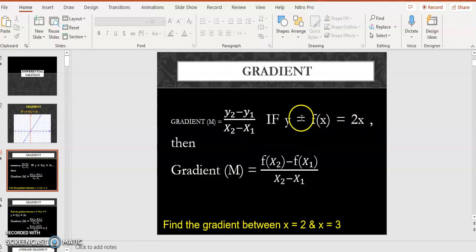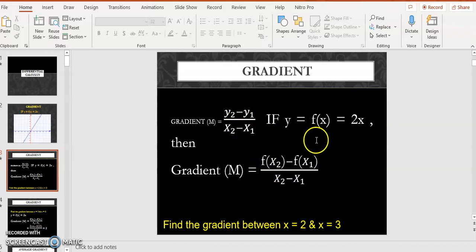If y is equals to f of x and is equals to 2x, then the formula can change. Instead of writing y2, we can write f of x2 minus, instead of writing y1, we can write f of x1 over x2 minus x1. So it's the same formula.